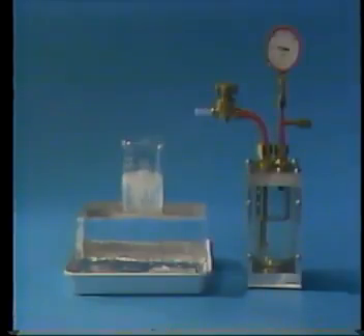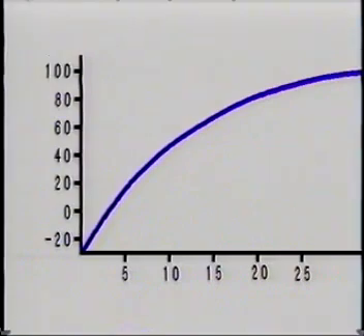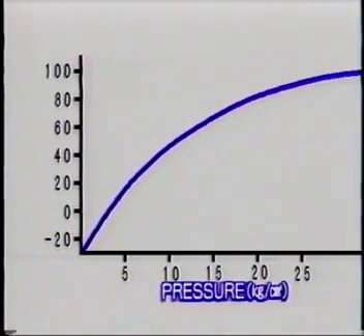These two experiments show two things. One, that a refrigerant evaporates easily, even at low temperatures, and two, that it liquefies easily when put under pressure. These properties of a refrigerant may be illustrated by this graph. This line represents the pressure that is applied to the refrigerant.